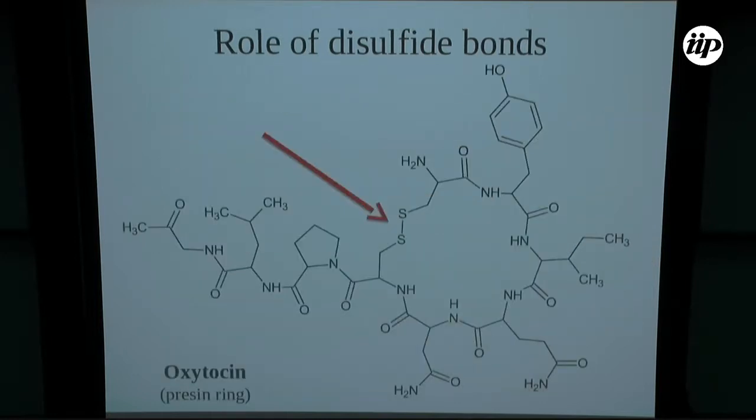So disulfide bonds can be critical for many hormones. For instance, for the oxytocin vasopressin ring, if we don't have this disulfide bond, it's inactive. Only after the ring is closed by the disulfide bond will oxytocin perform its function properly.